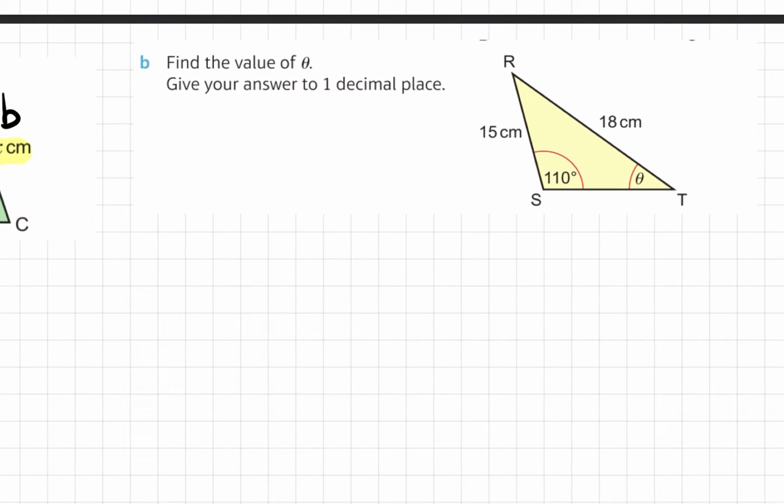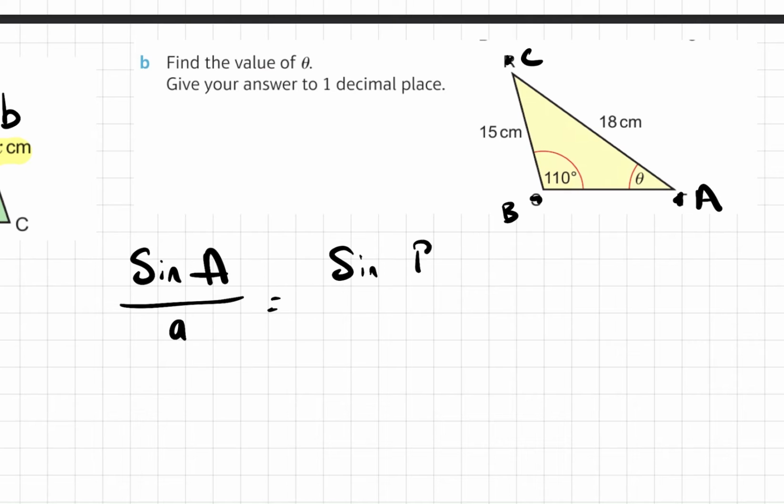Right, question b. Find the unknown angle. Well, I'm going to make these a bit easier for ourselves: a, b, and c. For an unknown angle, we're using the sine rule with the angle on the top. So sine of A over a equals sine of B over b. Now, what are a and b? Well, little a is here, that's our a, and that's our b.